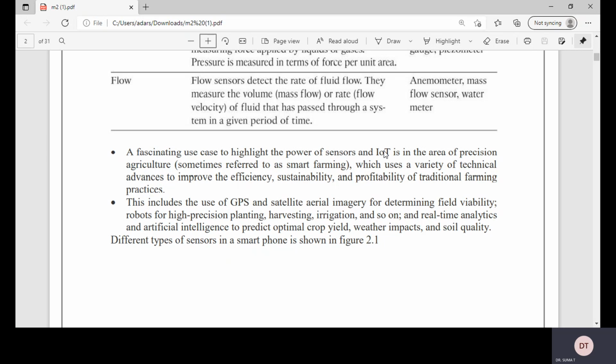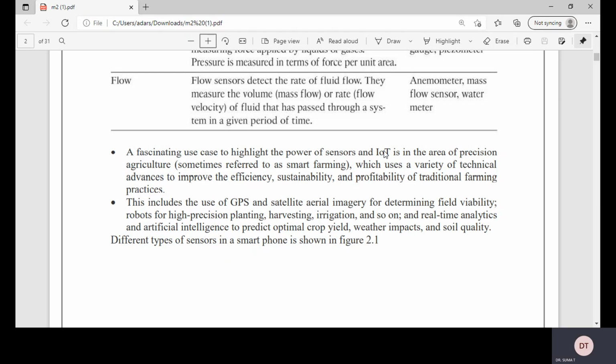Next are the chemical sensors. These measure the concentration of chemicals in a system. When subject to a mix of chemicals, chemical sensors are typically selective for a target type of chemical. For example, a carbon dioxide sensor senses only carbon dioxide. Examples are breathalyzer, olfactometer, smoke detector.